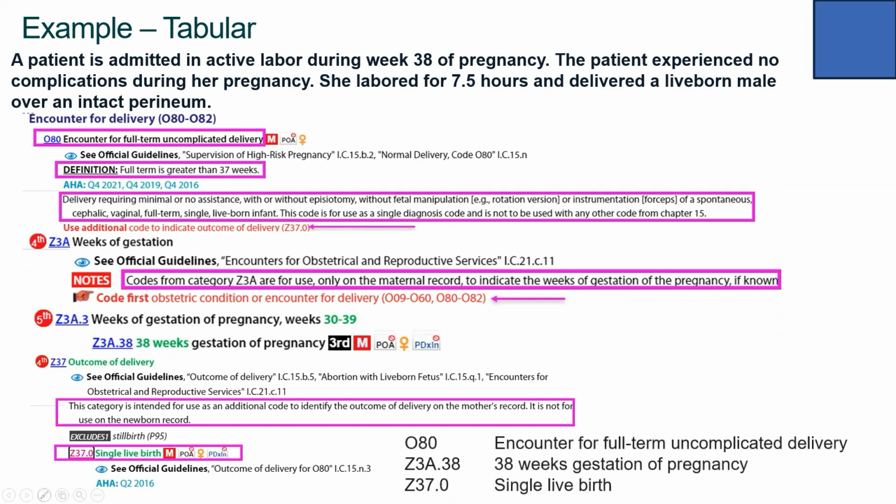That gives us our final coding: O80, encounter for full term uncomplicated delivery, Z3A.38, 38 weeks gestation of pregnancy, and Z37.0, single live birth. So again, we always want to make sure that one of these two categories is coded on a birth record if we have the documentation to support it.